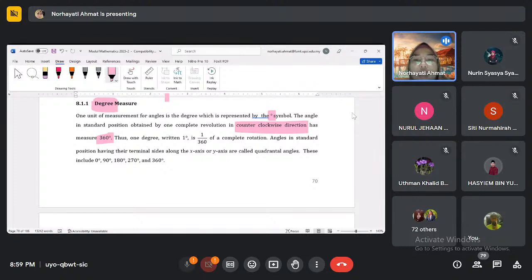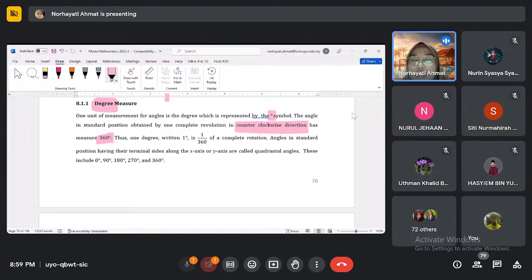Okay, and we have angles in standard position having their terminal side along the x-axis or y-axis are called quadrantal angles. Macam tadi itulah. So it depends on where it lies, and then we have another standard position.